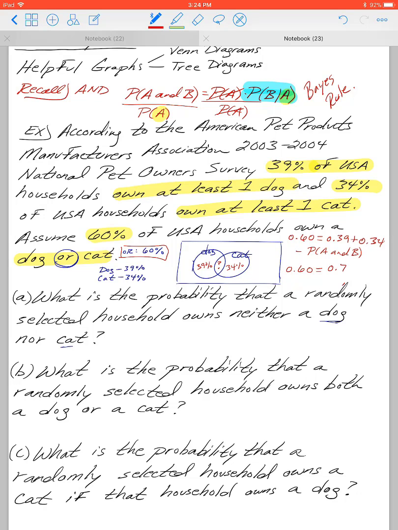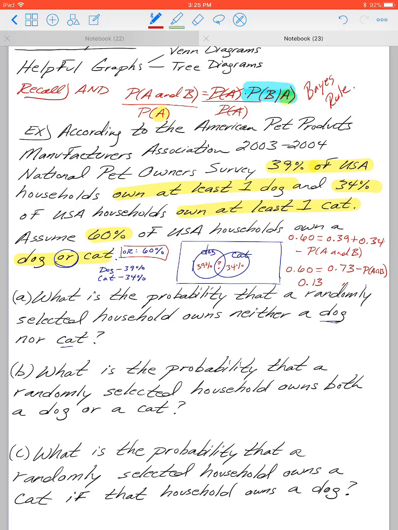You could use an X, you could put the probability of A and B if you want. But certainly 73/100ths subtract something should give me 60/100ths. Hopefully here everyone is seeing that that means the intersection must be 13% or 13/100ths.